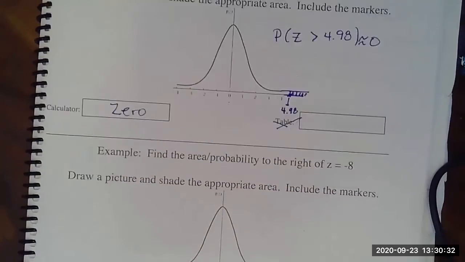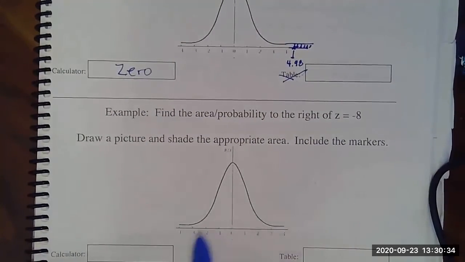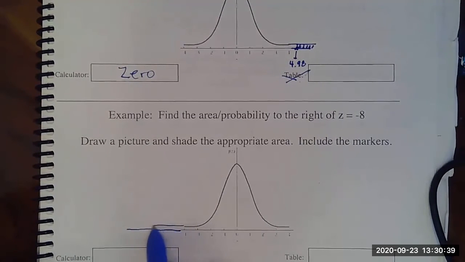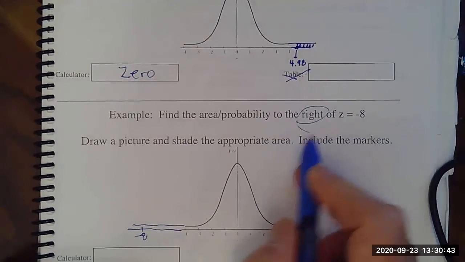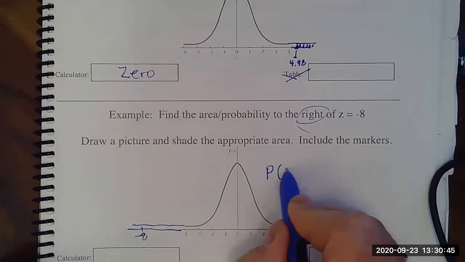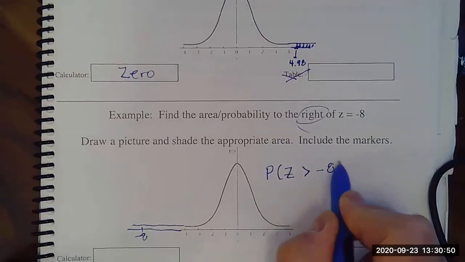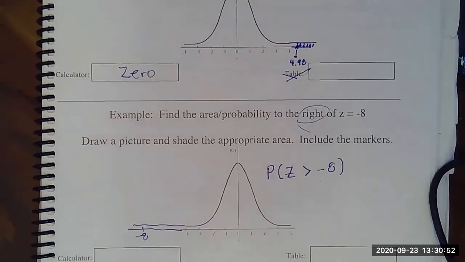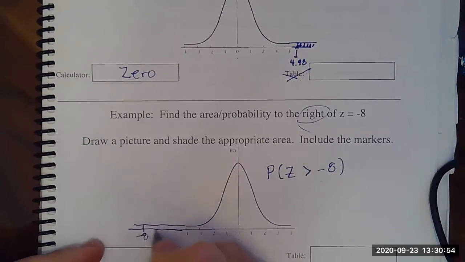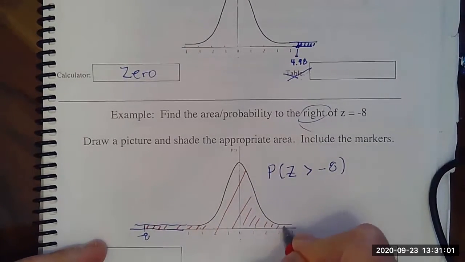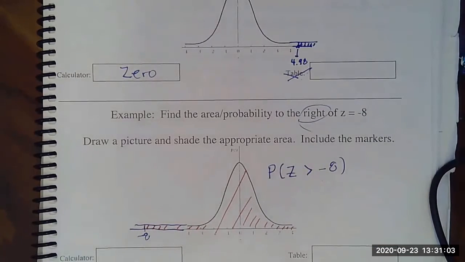Okay, this one here, kind of unusual. -8 is not on the number line. Yeah, okay, well, let's stick it way over here, I guess. How about there, -8? This one's to the right again. Probability that Z is to the right of -8. So then you're going to go over here and to the right. Huh. Well, that's about everything.